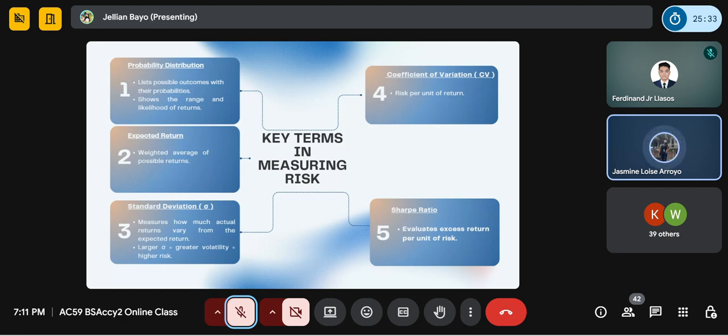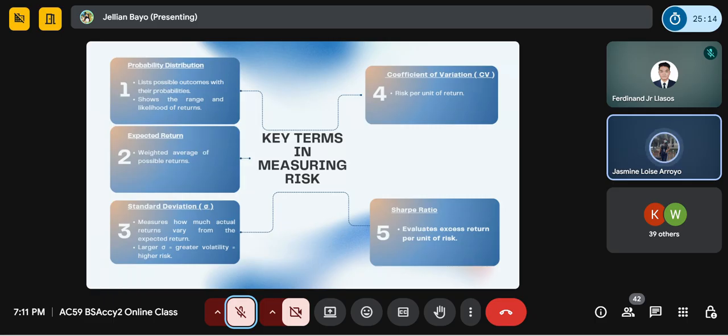For the coefficient of variation, let's go back to the variance. The variance is simply the square of your standard deviation, and it shows the total variability. But it is not preferred for interpretation, since the standard deviation is more preferred.